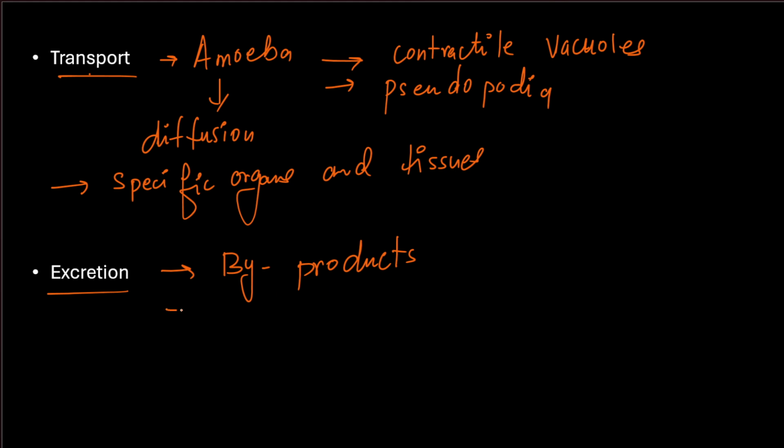They are toxic in nature, as a result of which they have to be thrown out. So the removal of excess or toxic waste from the body is known as excretion. It is the removal of toxic substances. And the system which consists of tissues and organs related with excretion is known as the excretory system.